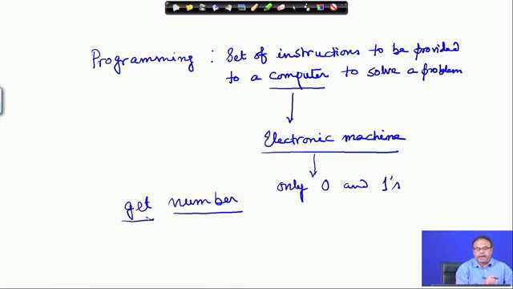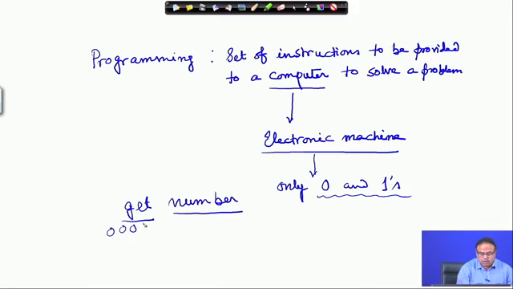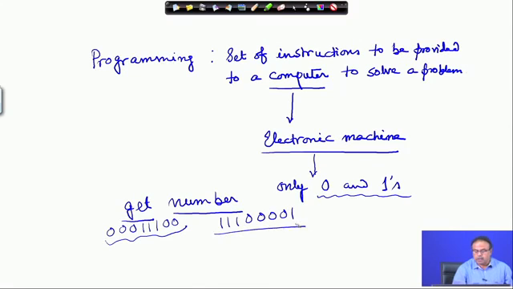Now, each of these, get and number, is one simple instruction, and all of you can understand this, but for a computer I will have to somehow write it in the form of some zeros and ones. So, maybe something like this: 0 0 0 1 1 1 0 0. Suppose this is representing get, and number can be this, say 1 1 1 0 0 0 1 0 1, something like that.